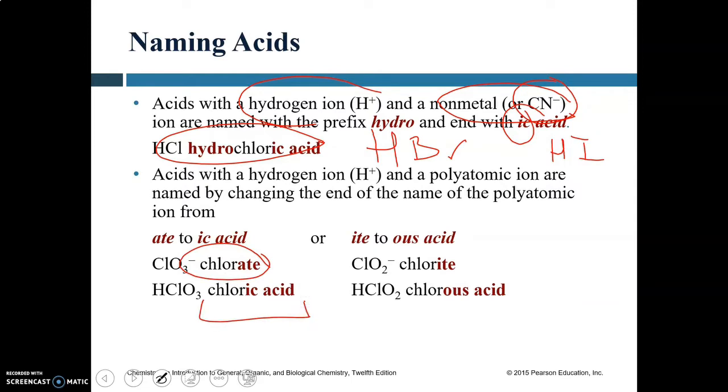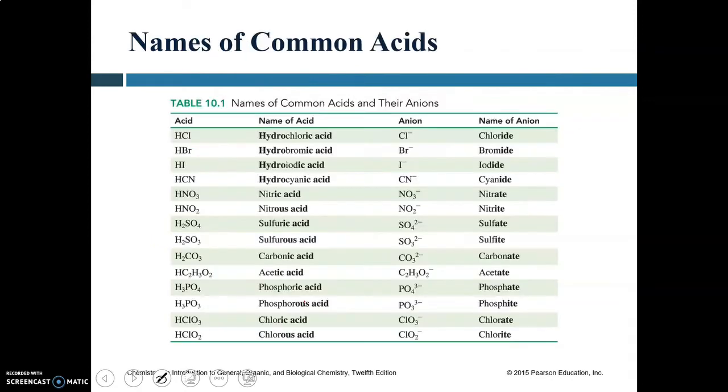Sulfate will be sulfuric acid. Chlorite will be chlorous acid. Nitrite will be nitrous acid. So these are some names. There's a lot of memorization you will have to do. You will find certain patterns here, so please remember these acids.